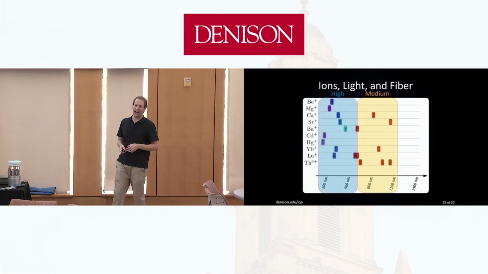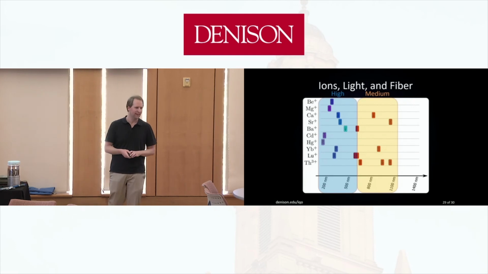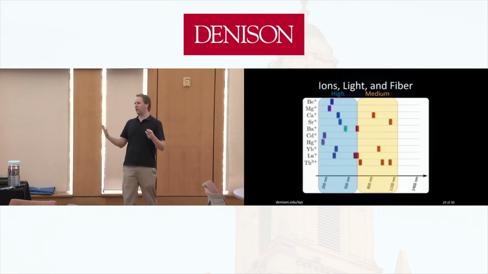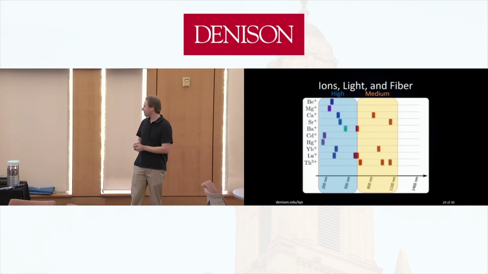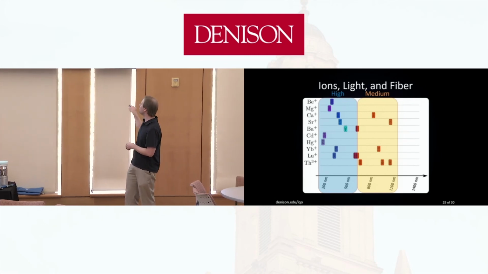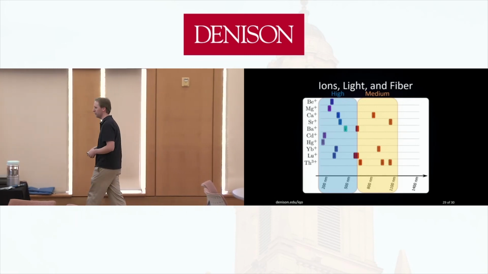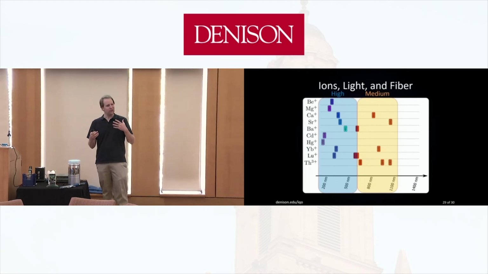This is a region of really high attenuation in optical fiber. In other words, light doesn't travel very far in optical fiber at these wavelengths. Some of them have this other region, what I'll call the medium attenuation region, which is better, but you still can't go that far.